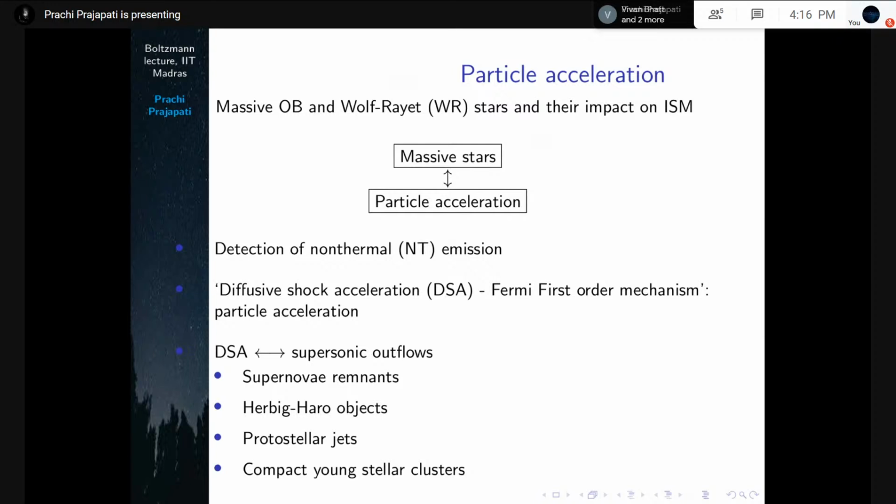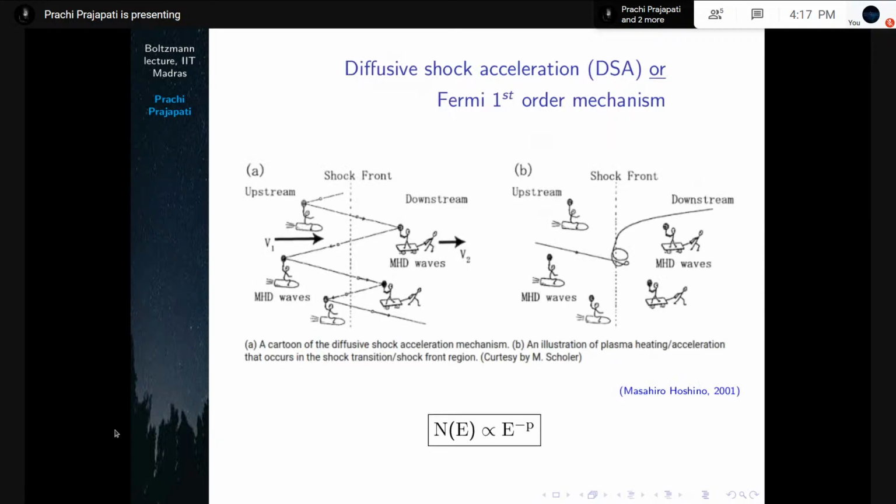In astronomical objects, supernova remnants, Herbig-Haro objects, or jets are the places where you do expect shocks. Understanding DSA is not really difficult, but it is quite intuitive and tricky.